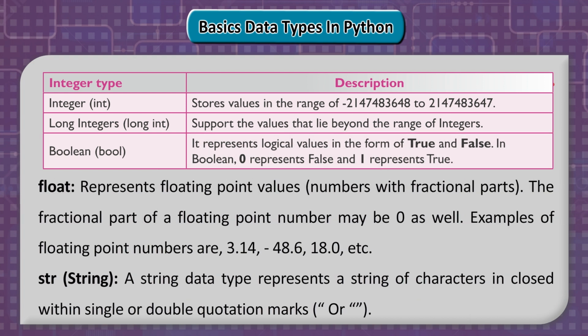Float represents floating point values, numbers with fractional parts. The fractional part of a floating point number may be 0 as well. Examples of floating point numbers are 3.14, 48.6, 18.0, etc. str, string. A string data type represents a string of characters enclosed within single or double quotation marks.